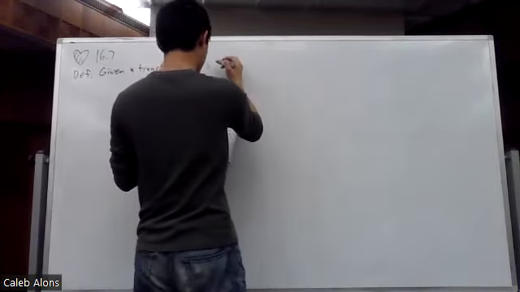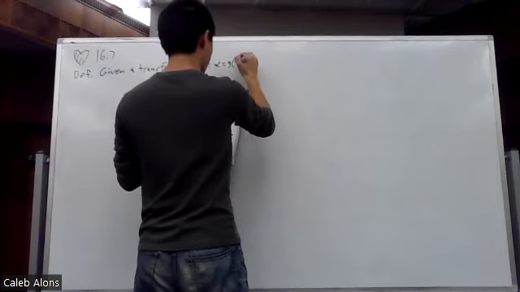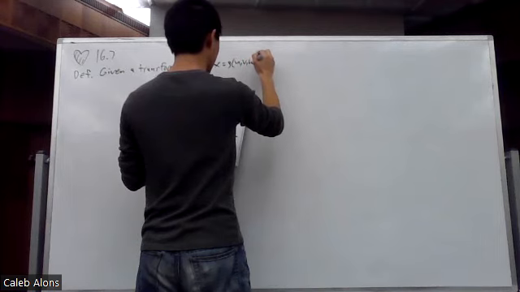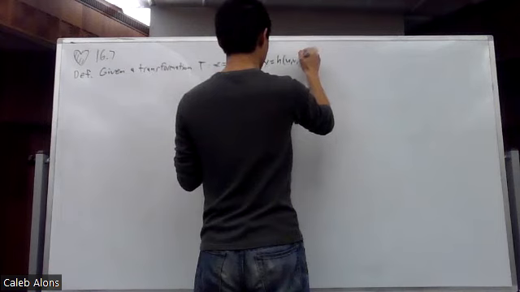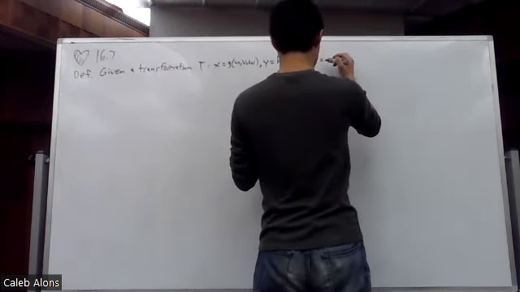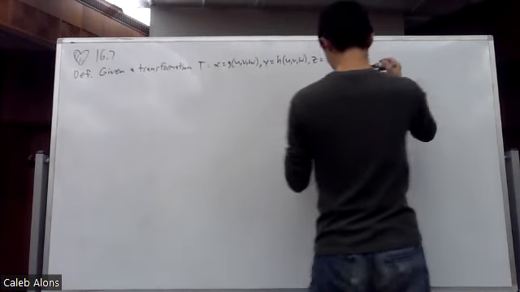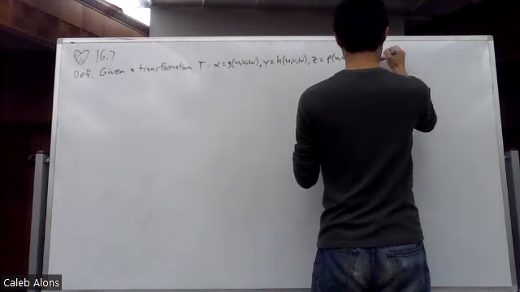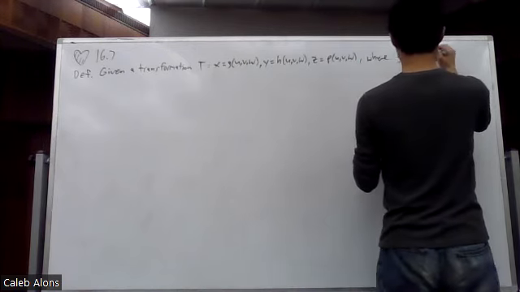We're going to have 3 variables now, X, Y, and Z. So X we're going to call G of U, V, W, and Y is some other function H of U, V, W, and Z is P of U, V, W.